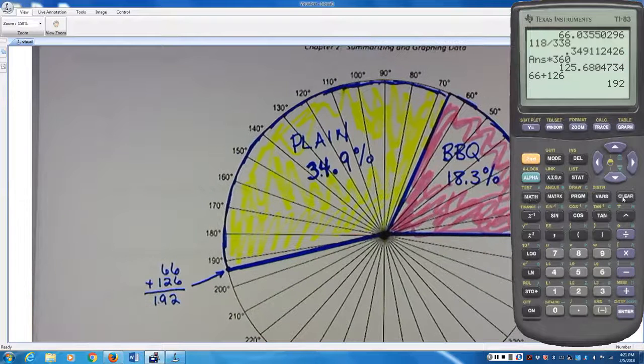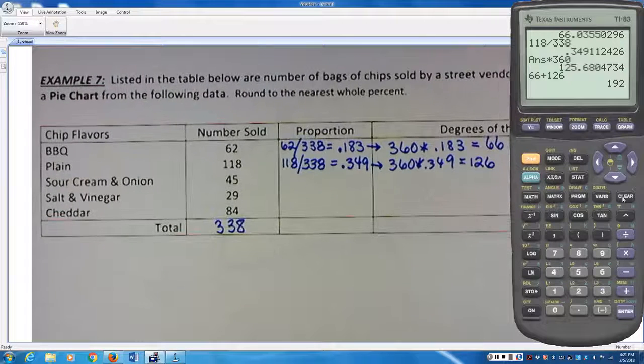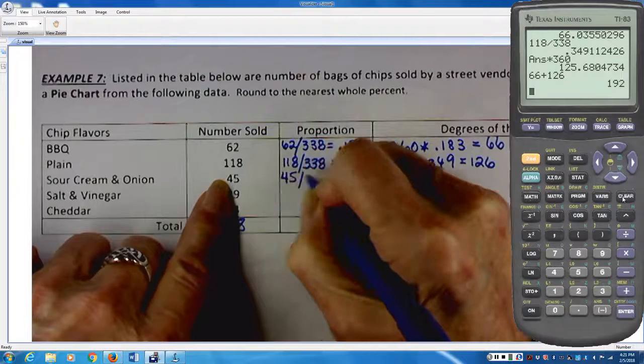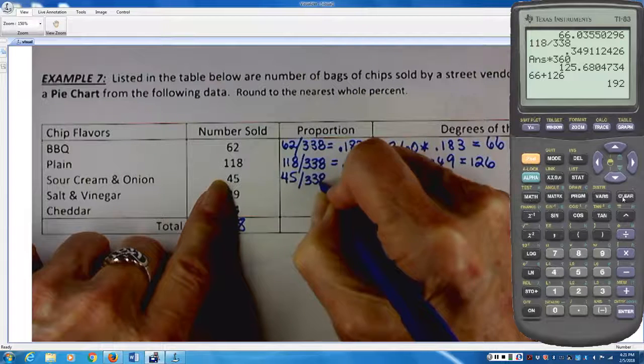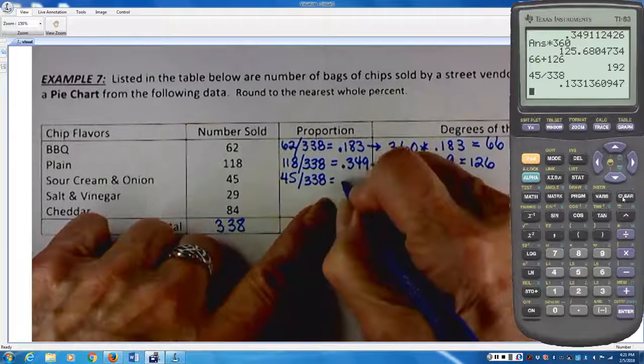Then I go back to the table. Sour cream and onion, they sold 45 bags. So 45 divided by 338 is about 13.3%.